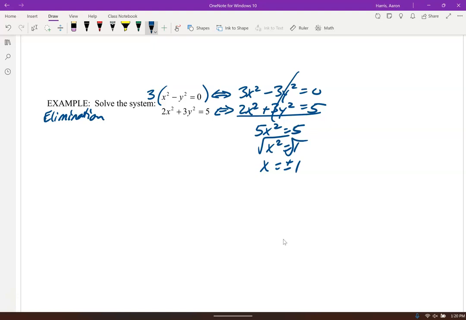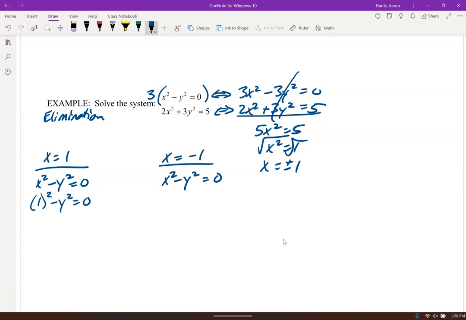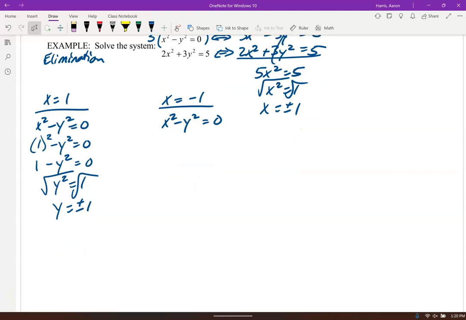Okay, so if x is 1, plug it in. If x is -1, plug it in. So we get plus or minus 1. So when x is 1, I get positive 1 for y.